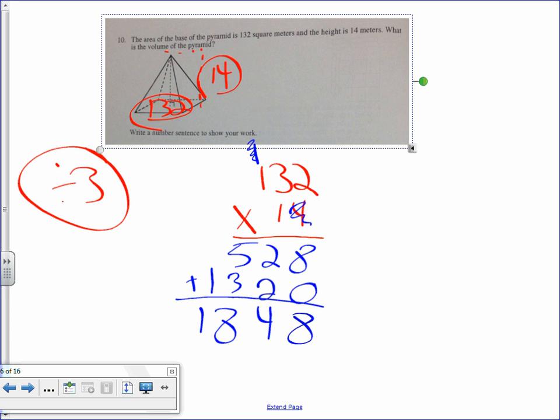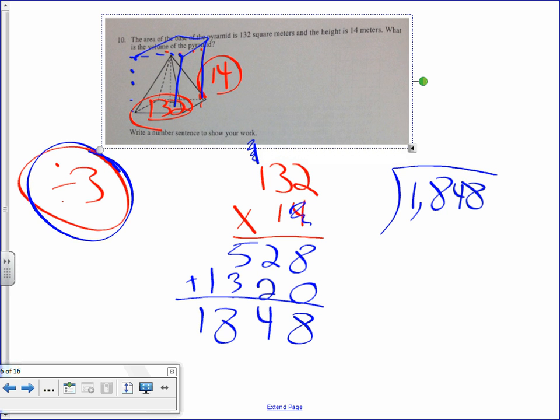There's no decimals I need to move. So my volume of this shape, if it was a cube, would be 1,848. But it's not a cube, it's a pyramid, so I have to divide it by 3.